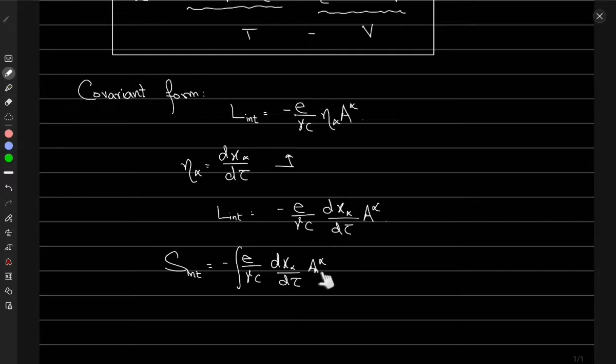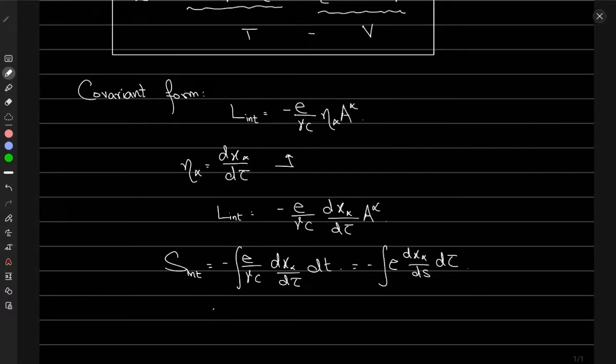So we can replace this with t. This becomes minus integral E dx alpha over ds times d tau, right?